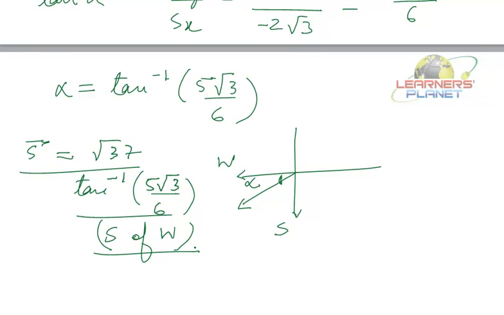In the similar fashion you can find it for B minus A, which will be exactly in the opposite direction.